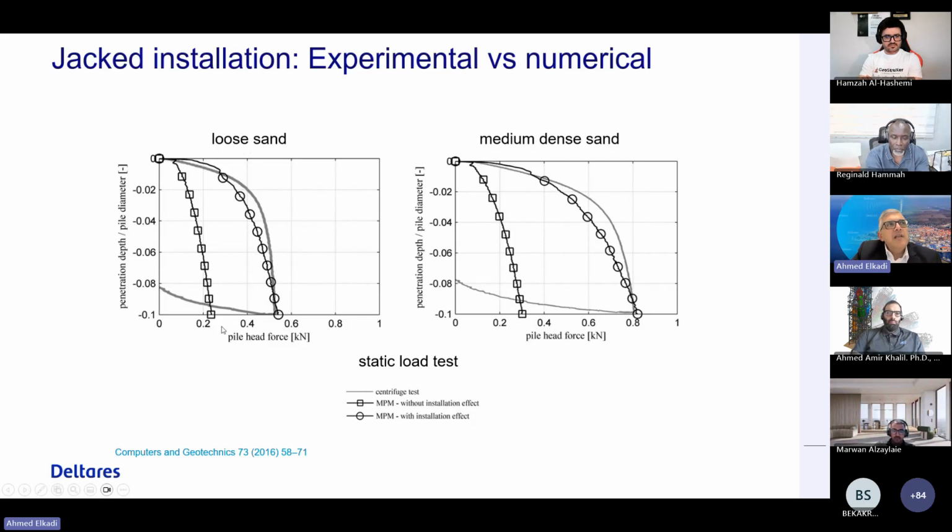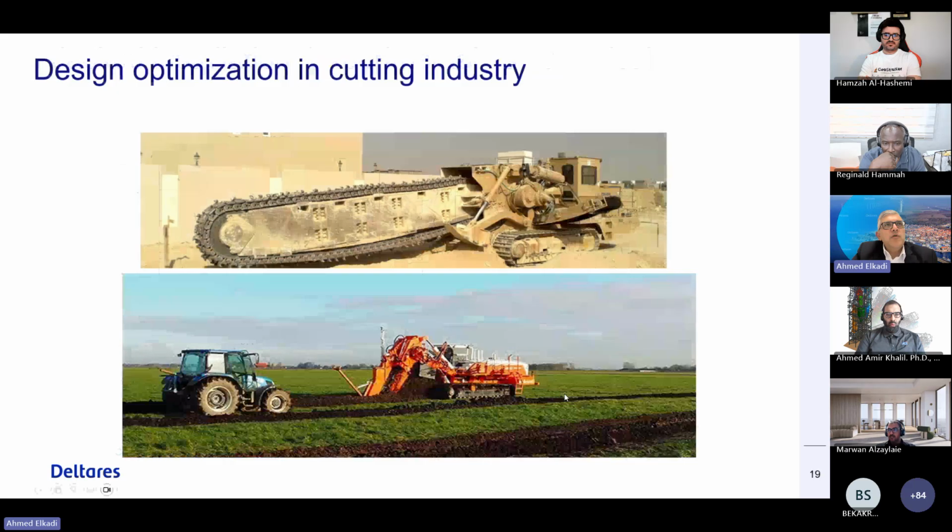You can see here in the loose sand, this is the simulation compared to the experiment with installation effects, and this is without, and the same here as well. So it's much closer to reality when we include these installation effects. And we have seen that much more with the normal piles afterwards as well.